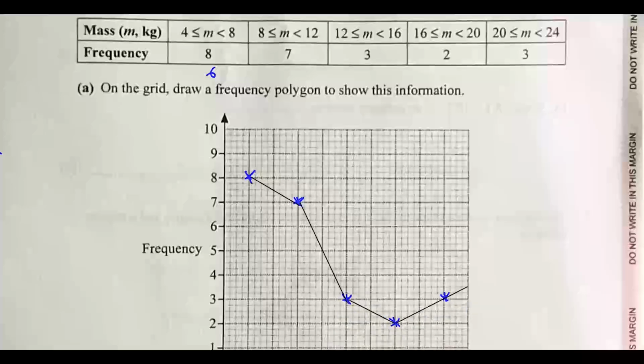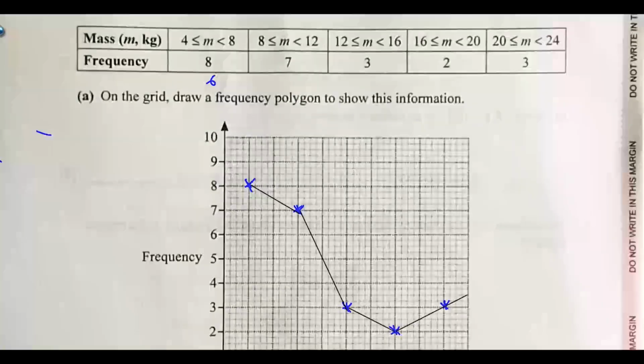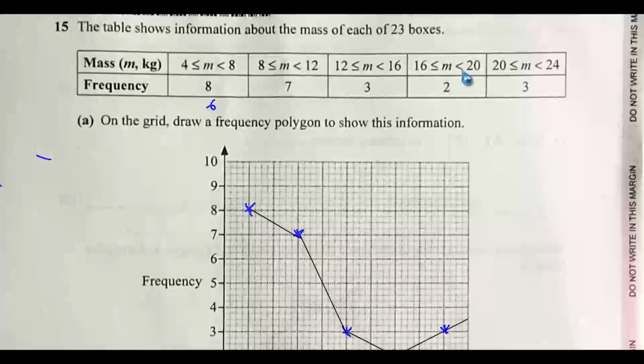For the first one, numbers between 4 and 8 appear 8 times, so that means you're going to have 8 numbers. Then numbers between 8 and 12, you're going to have another 7 numbers, and so on and so forth. The total number you're going to have here, as stated here, will be 23.